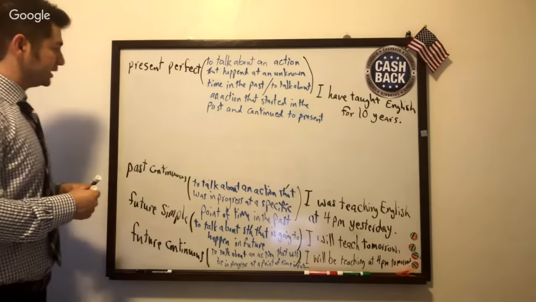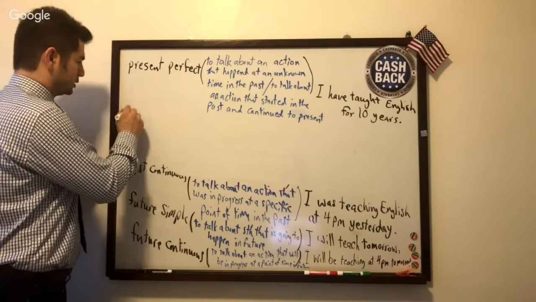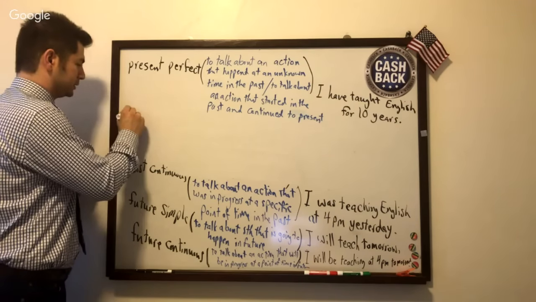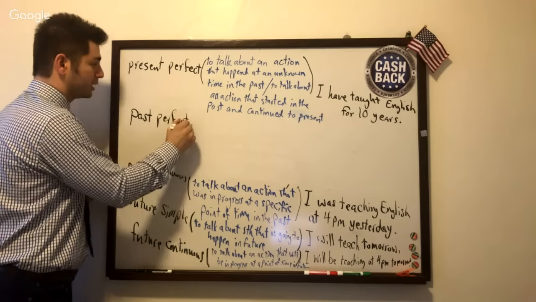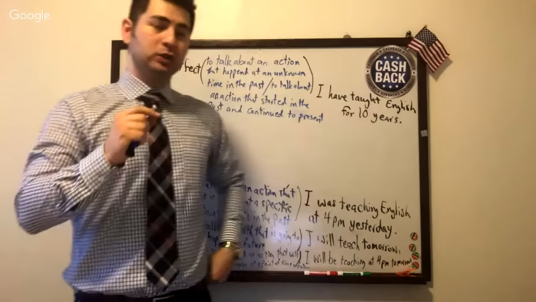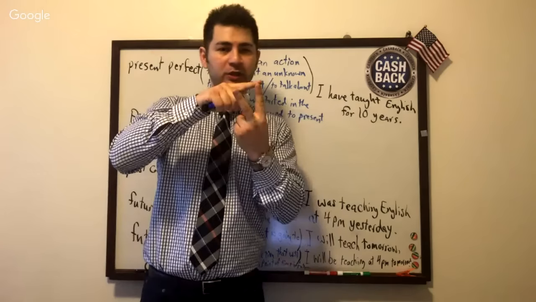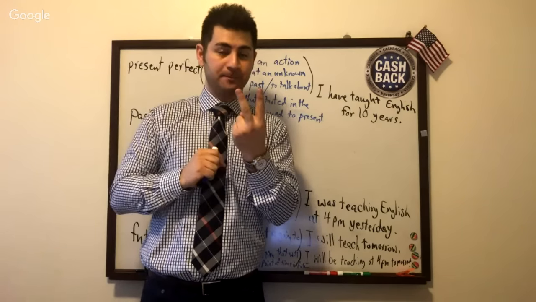Now, the second perfect tense we want to talk about is past perfect tense. When do we use past perfect? We use past perfect for an action that happened before another action in the past.